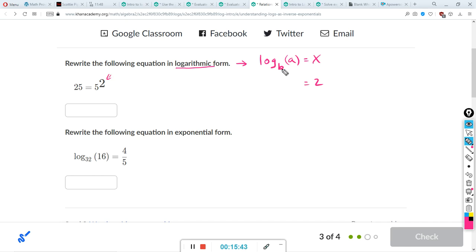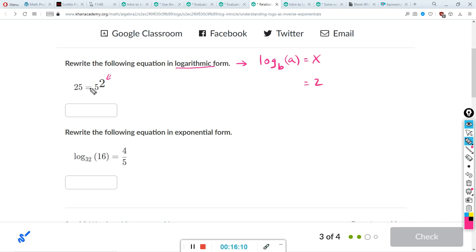B is the number with the exponent, that's the base, that's 5. Yeah, that's 5. Made a little mistake. Hold on. No, we're good.